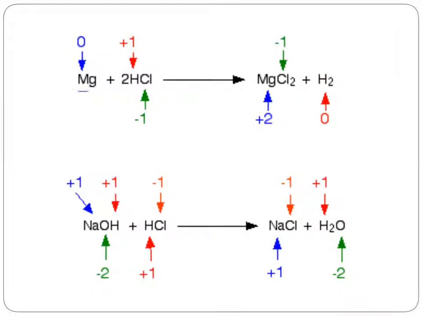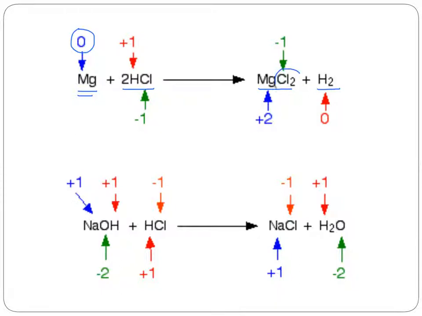Here we have magnesium reacting with hydrochloric acid, giving us magnesium chloride and hydrogen gas. This doesn't have the phase states in it, but I'll tell you that's what's going on. So magnesium starts off as an element. It has an oxidation number of 0. It ends up in a compound.